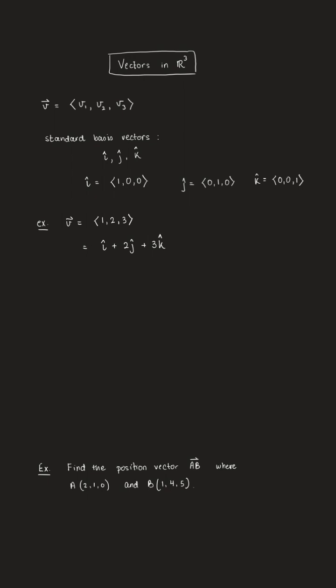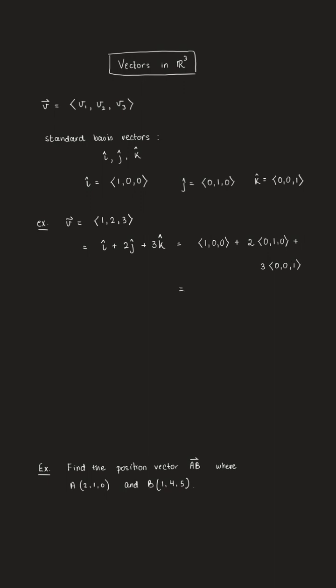And you can verify that this gives us 1, 2, 3 because 1i will just be the vector 1, 0, 0. When we add that to 2j, we'll have 2 times 0, 1, 0. And when we add that to 3k, we'll have 3 times 0, 0, 1.